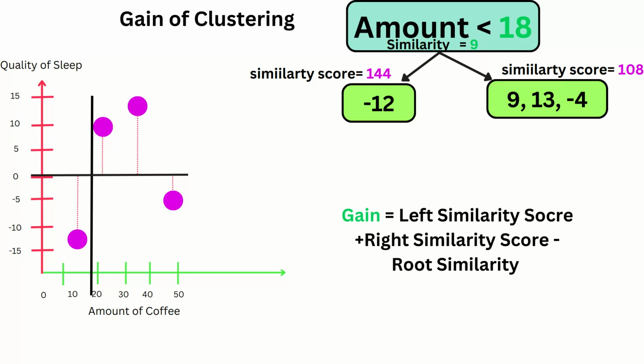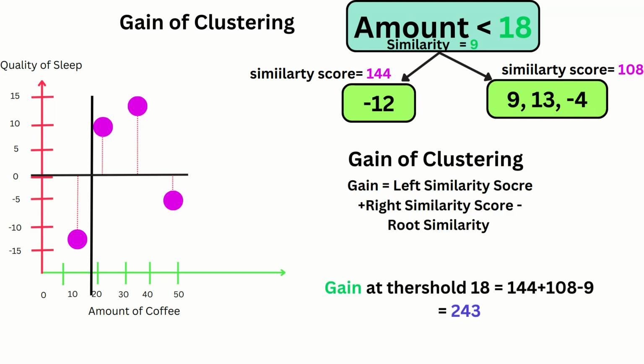To find the gain of splitting, we add the similarity scores of the left and the right leaves and subtract the similarity score of the root leaf. By incorporating the similarity score values into each leaf, we achieve a gain of 243 at the threshold level of 18.